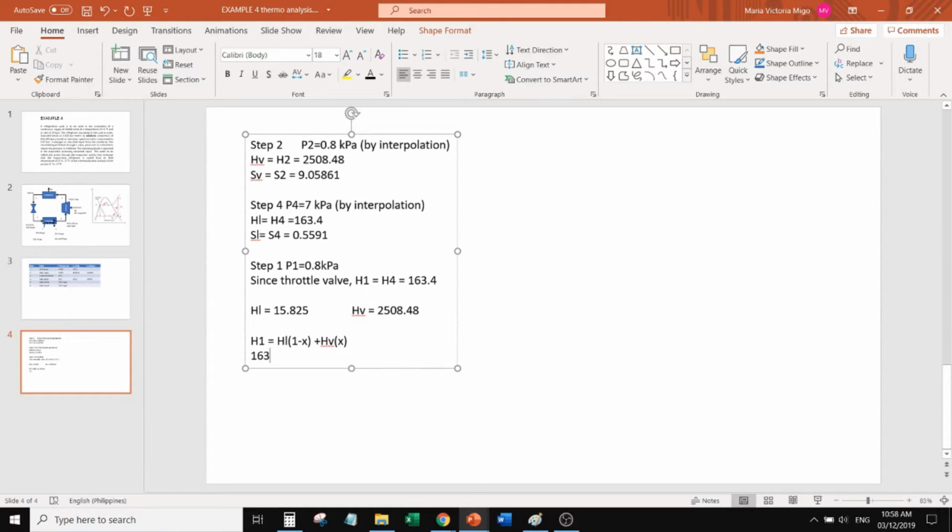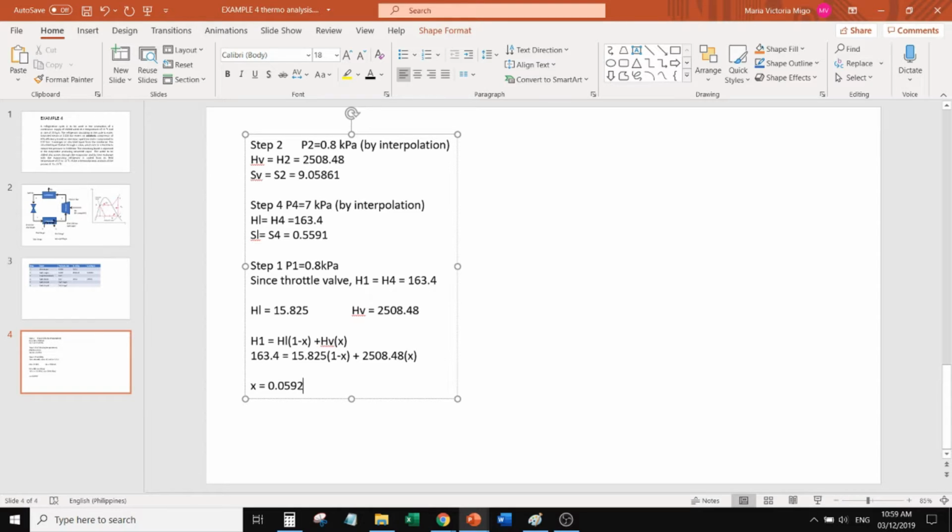So this is 163.4 equal to HL 15.25 times 1 minus x plus HV 2508.48 times x. Solving for x, x is 0.0592.